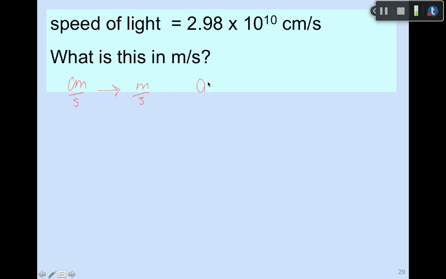So the conversion factor we need here relates centimeters, well, let's not put the equals yet, relates centimeters to meters. And hopefully some of you will remember that 100 centimeters equals 1 meter. The other way you can state that is 1 centimeter is also exactly the same thing as 0.01 meter, 1/100th of a meter.